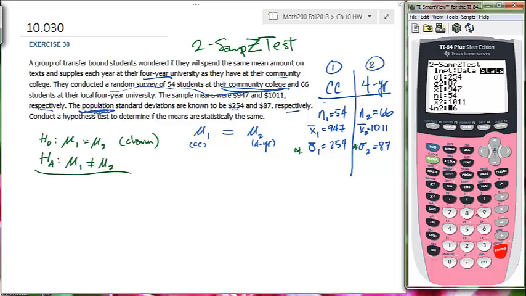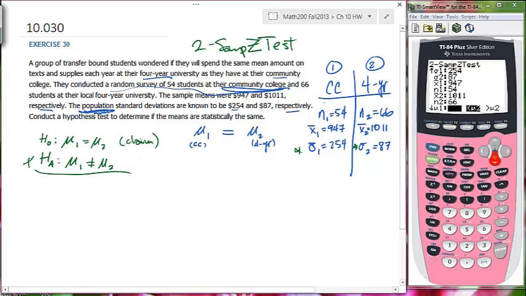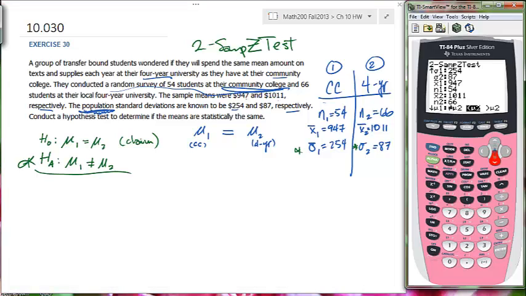And our n2 is 66. All right, so that takes care of all the statistics here. Scroll down one. Our alternative hypothesis statement: mu1 is not equal to mu2, so we need to select this not equal to symbol and calculate. So let's have it calculate.